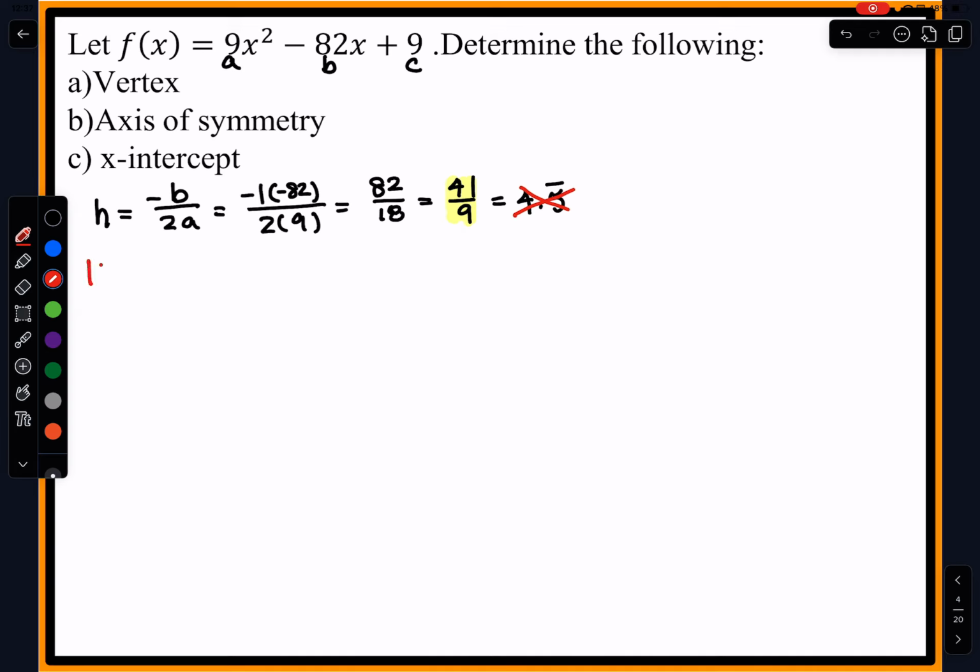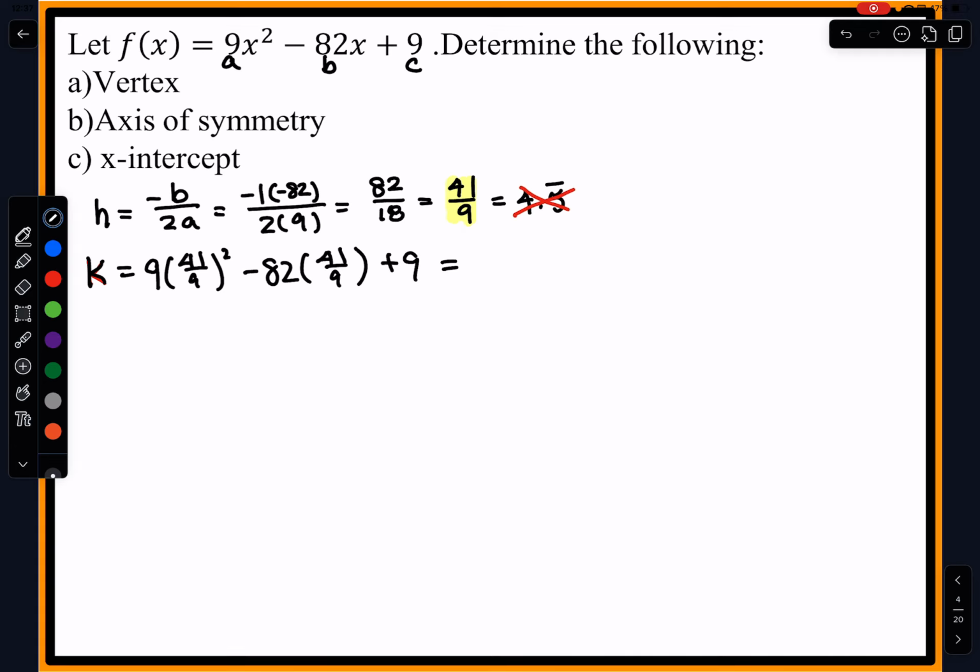Now to figure out the y-coordinate of the vertex, the vertical shift, we're going to plug this number into our function. So we have 9 times 41 over 9 to the second power, minus 82 times 41 over 9, and then plus 9. So let's plug this into the calculator and see what this equals.